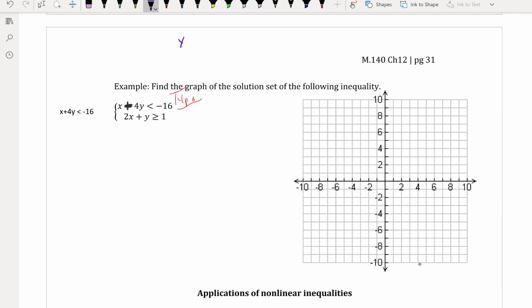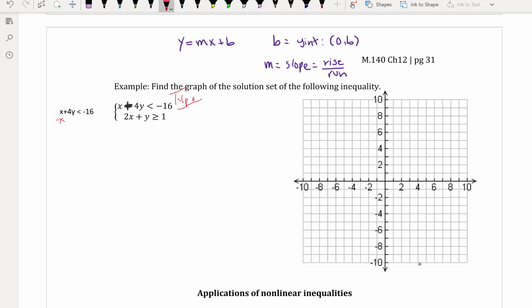So I want to get it into y equals mx plus b, where b is my y-intercept. It has the ordered pair (0, b). And I know that m is equal to my slope, where I have my rise over my run. So I want to make sure that I get this into the y equals mx plus b form.